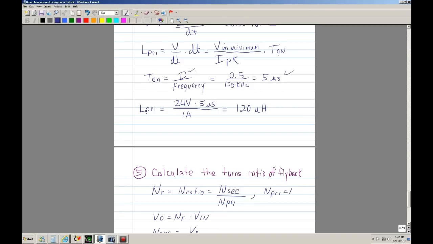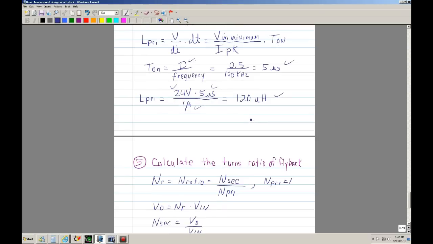Once we have that, we plug in the numbers: 24 volts, 5 microseconds, 1 amp. We should come up with 120 microhenries for the inductance of the primary of the flyback.